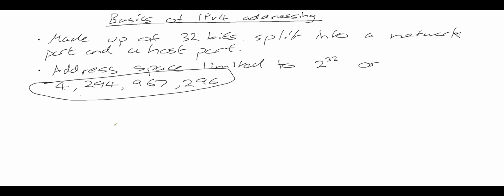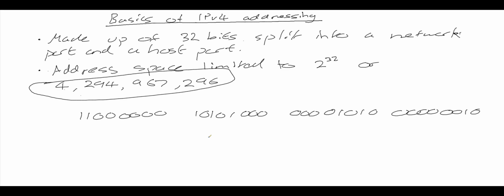So what does it actually look like? Well, we can write an IPv4 address in binary, so here's an example. But that's quite a long thing to have to write down, and it's not immediately clear what the address is, so we often write it in dotted decimal notation, and we do this by converting each of these bytes, which makes up the address, so there's 4 bytes in an IPv4 address, to decimal.